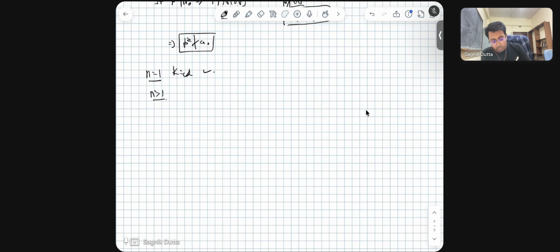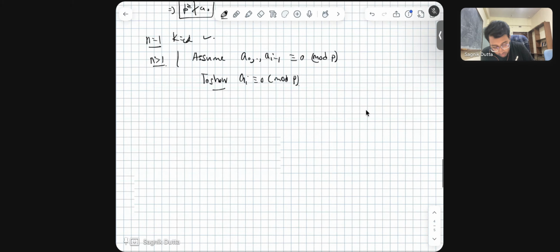Assume a_0 to a_{i-1} are divisible by p, and we have to show that a_i is divisible by p, just like induction. Okay, so you have this equation.